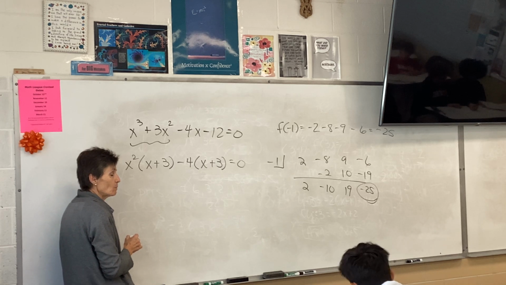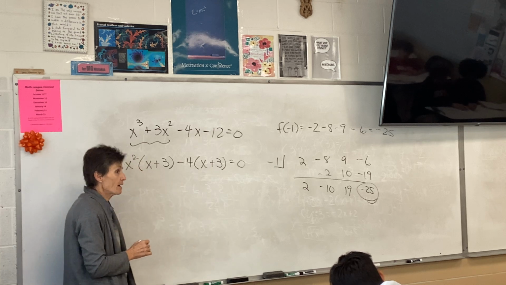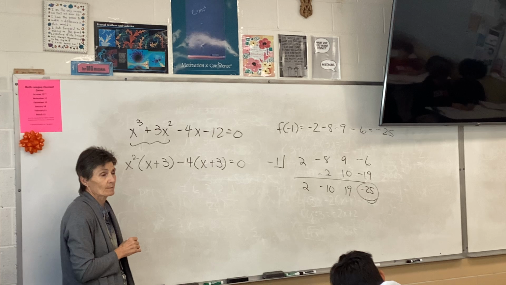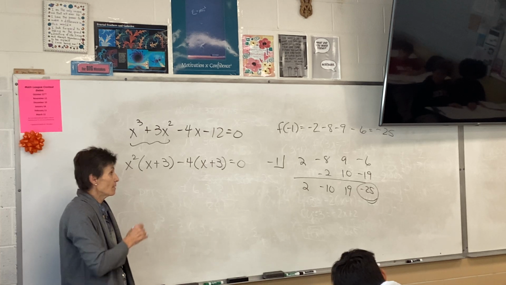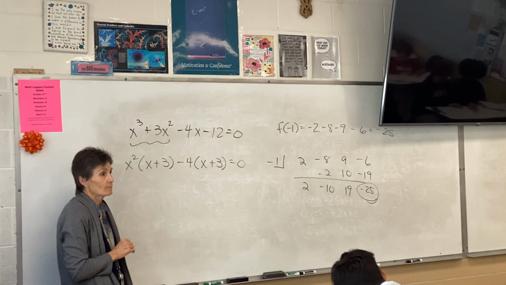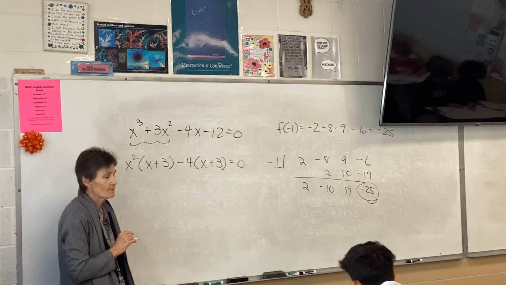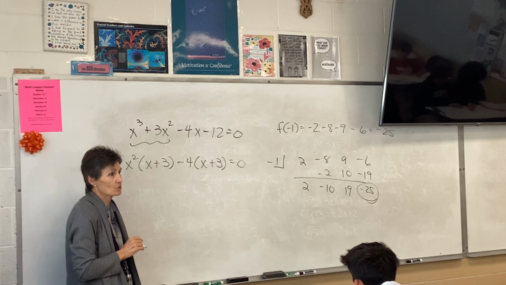I want everybody to be where I'm at here, because I want your complete attention, since some of us are messing this up. Everybody good to this point? Notice you have a match. X plus 3, that's the key. You have to have a match.